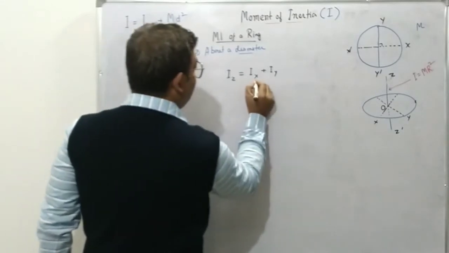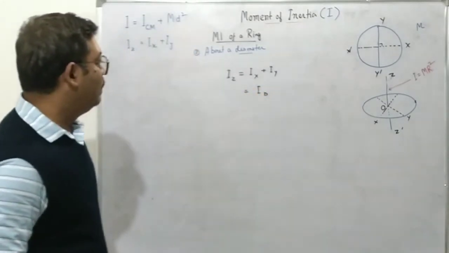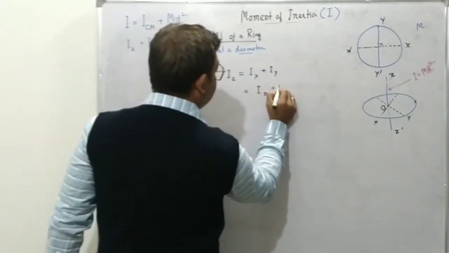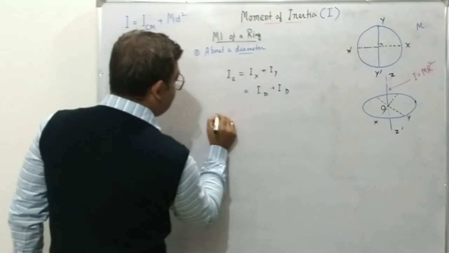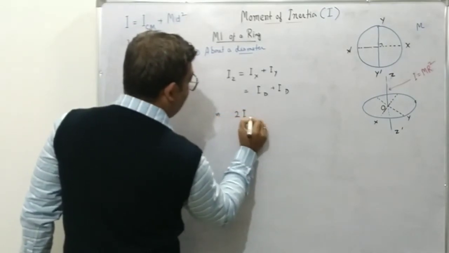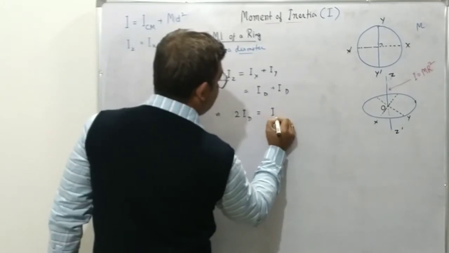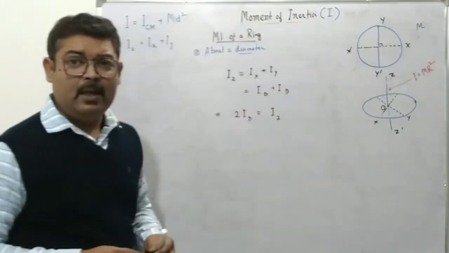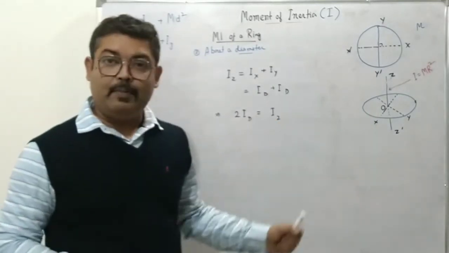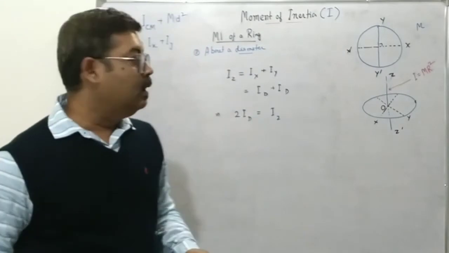So let's call both of them as ID. So it will be I diameter plus I diameter, which will give us that twice the moment of inertia about the diameter is equal to the moment of inertia about the z axis, which is the axis passing through the center and perpendicular to the plane of the ring.